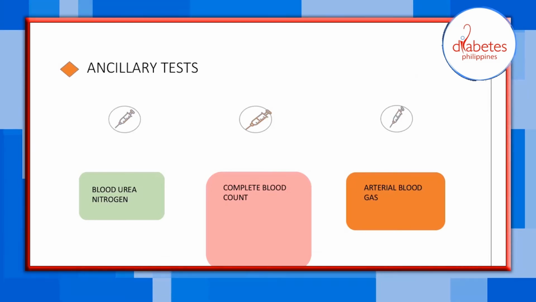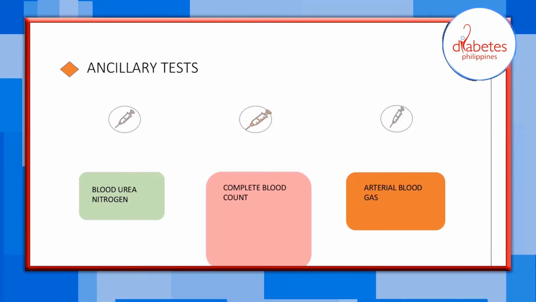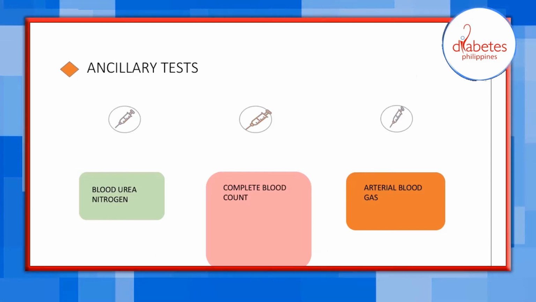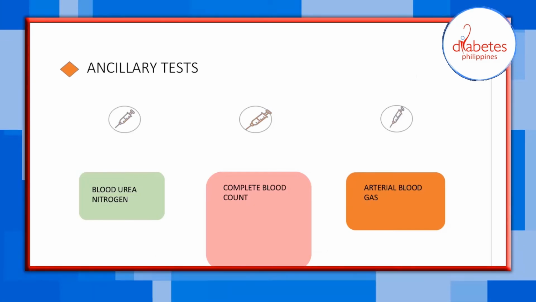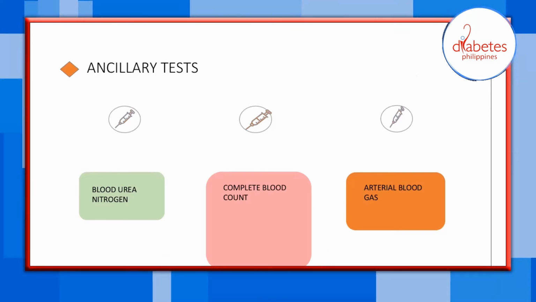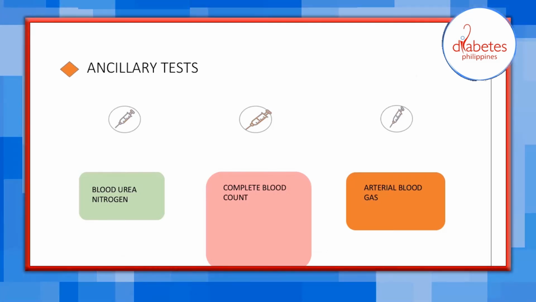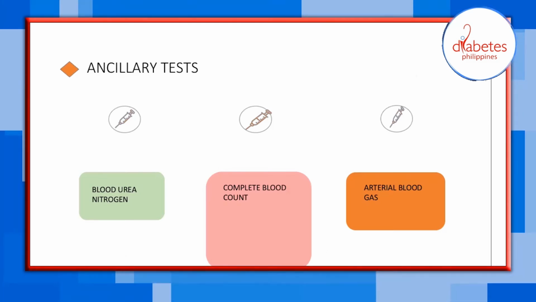So other important laboratories are your blood urea nitrogen, your complete blood count, and your arterial blood gas. So for your BUN, urea in blood is elevated during kidney damage, also in episodes of dehydration.